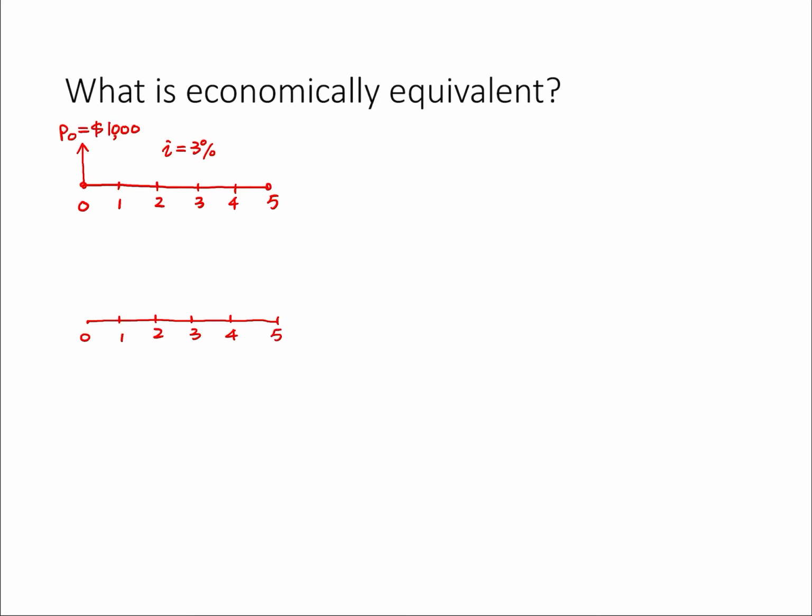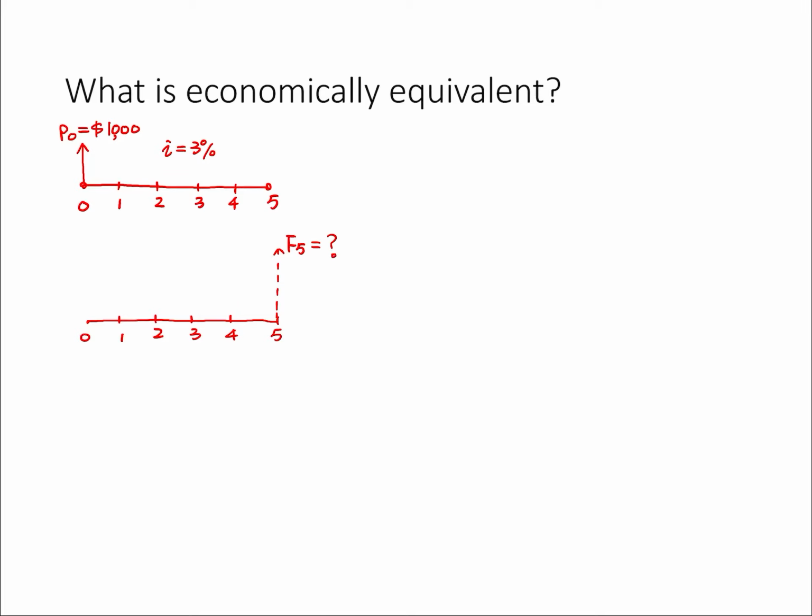Okay, but here what you want to do is find out some future amount of money at the end of period number 5. You don't know it, but you know it's some future money at the end of period number 5.